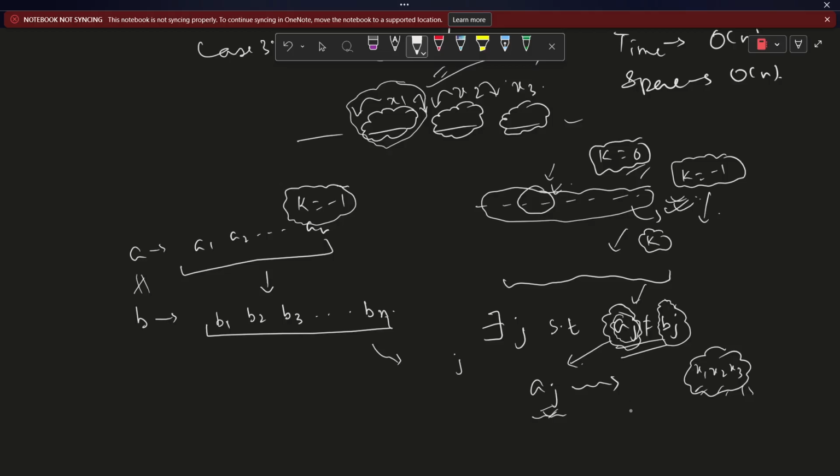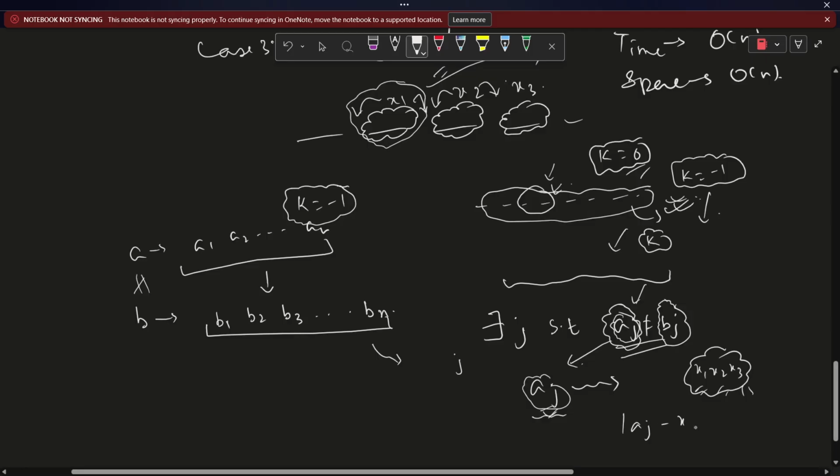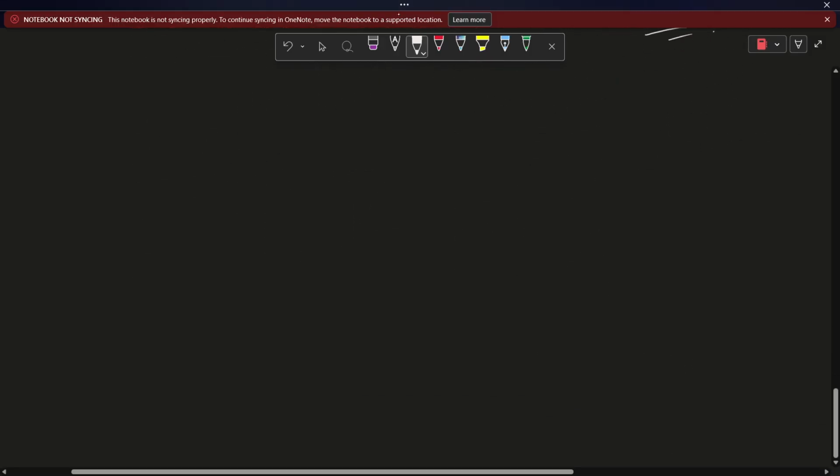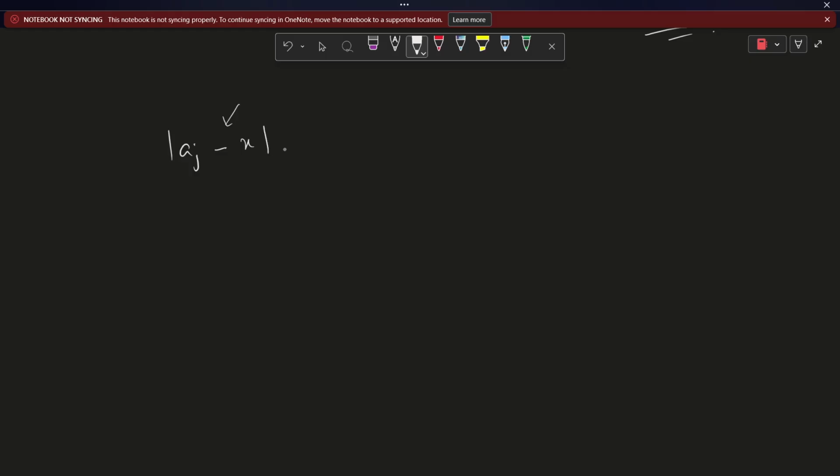Optimally it makes sense to choose such a value of x whose absolute difference with aj is maximum. So the absolute difference between aj and whatever value I am swapping it with has to be maximized.